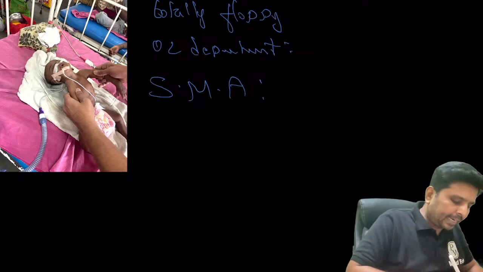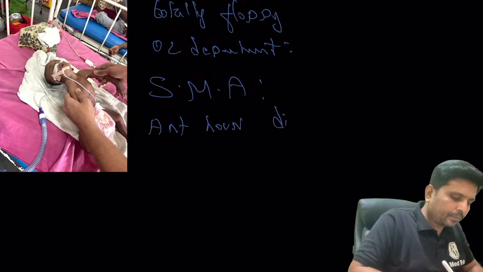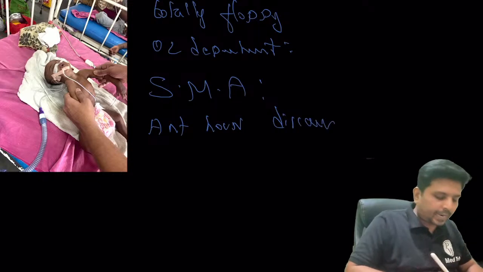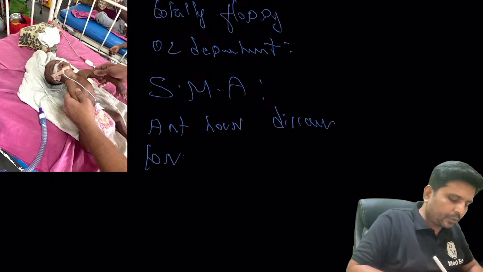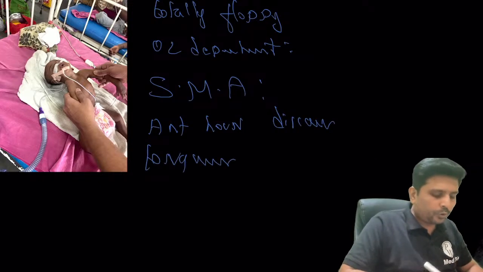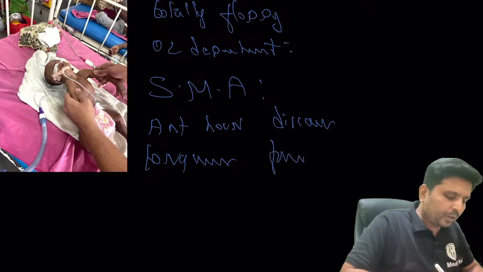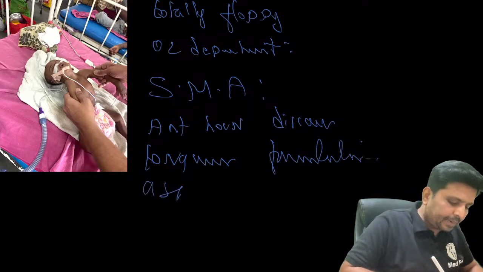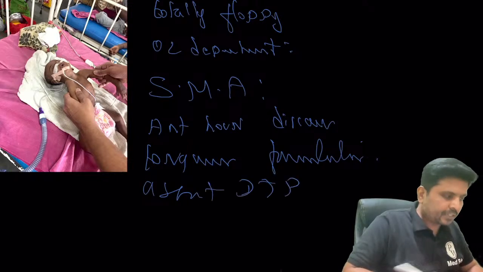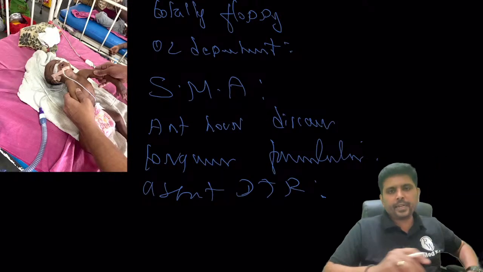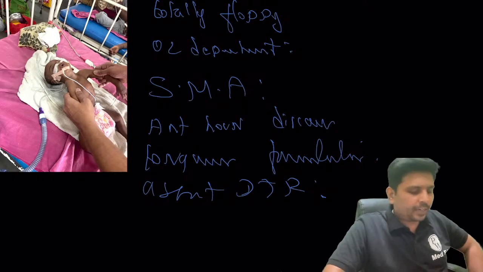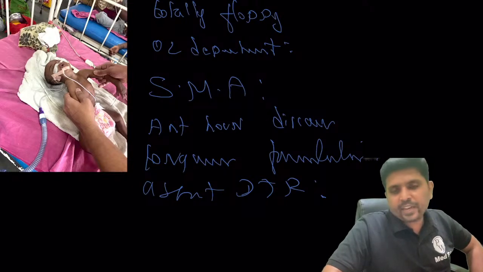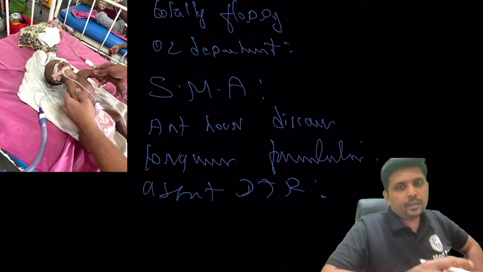It is an anterior horn cell disease. The clue is tongue fasciculations and absent deep tendon reflexes. Remember, very important.